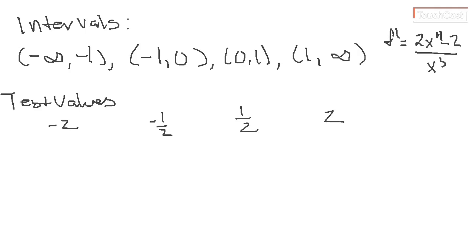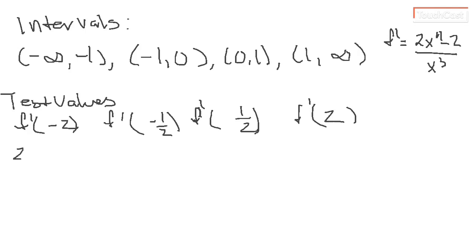So we're going to find f prime of each of these values: f prime of negative 2, f prime of negative 1/2, f prime of positive 1/2, and f prime of 2. We're just going to plug these values into our calculator, or at the very least the negative 2 and the 2. Since they're not fractions, we could use some mental math.